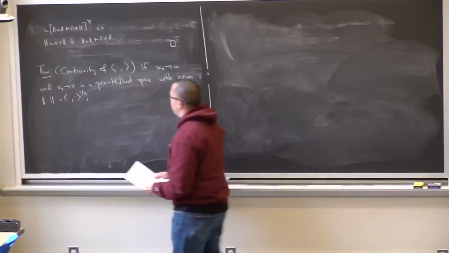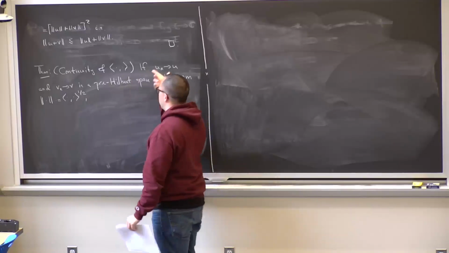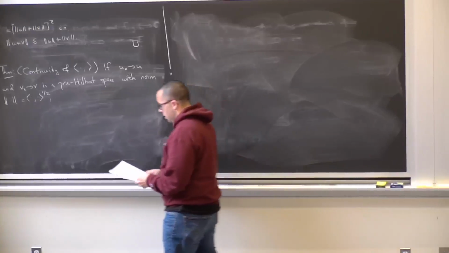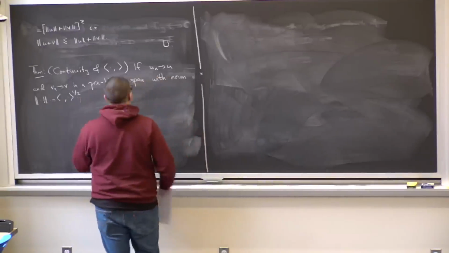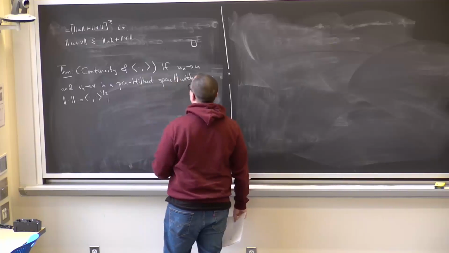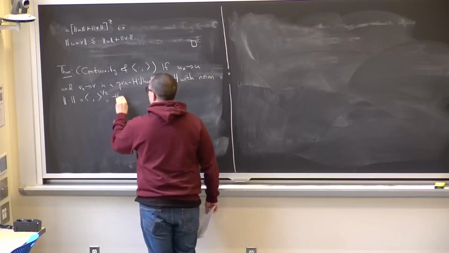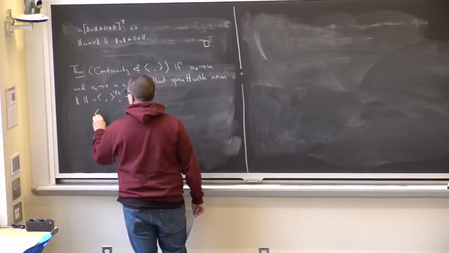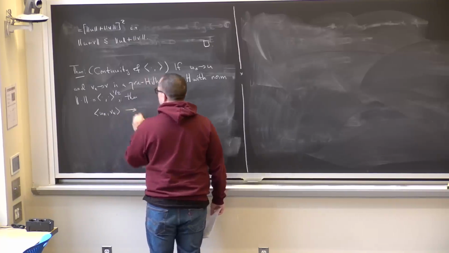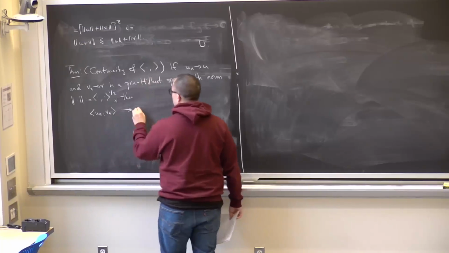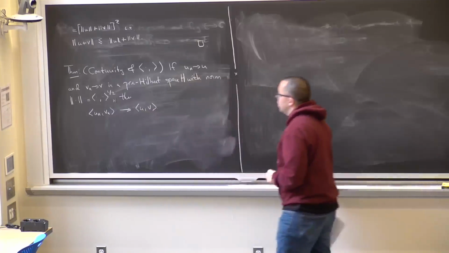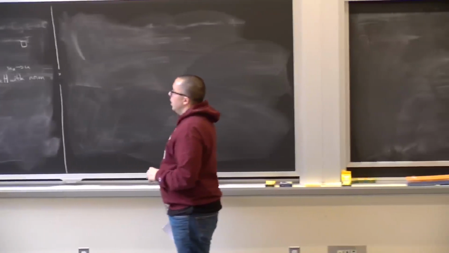So now we have a norm on a pre-Hilbert space, and so we can define convergence since it's a normed space. Pre-Hilbert space H with this norm. Then the inner product of u_n and v_n converges to the inner product of u and v. Okay?